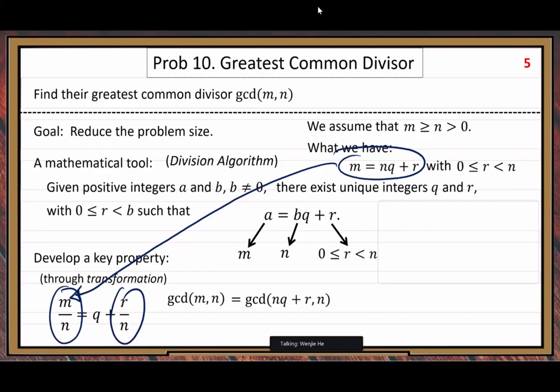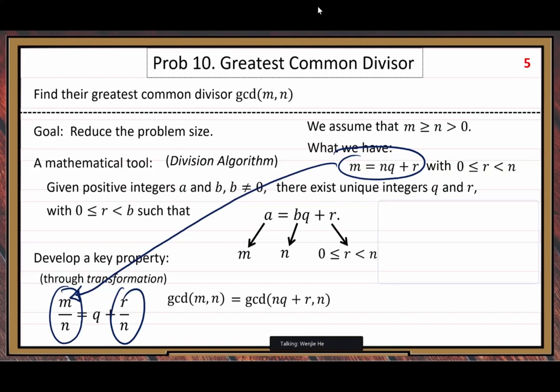If you look at the common divisor between numerator and denominator, the first fraction you have a pair of integers, the second fraction you have a pair of integers. These two pairs of integers should have the same common divisor. So that's the observation, the insight of size reduction.